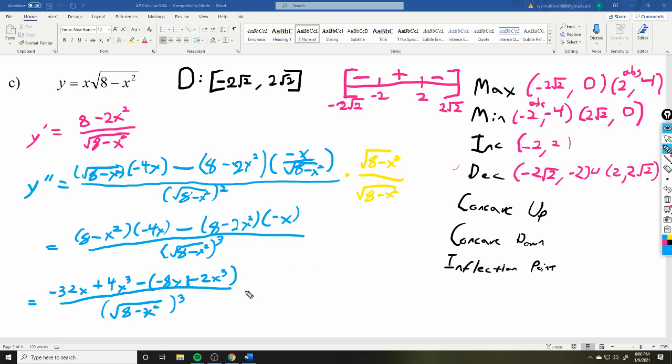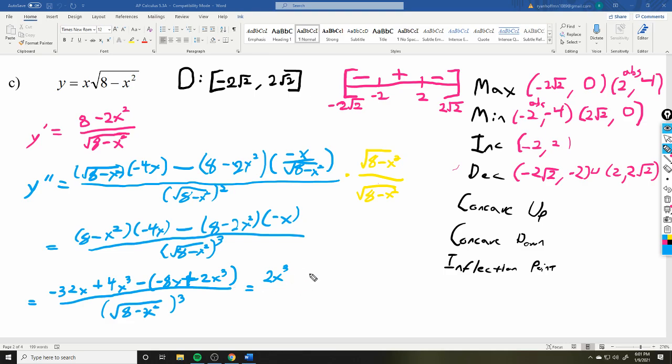So let's see. That's going to be my x cubed terms. I've got a 4x cubed minus a positive 2x cubed, so that's going to be positive 2x cubed.